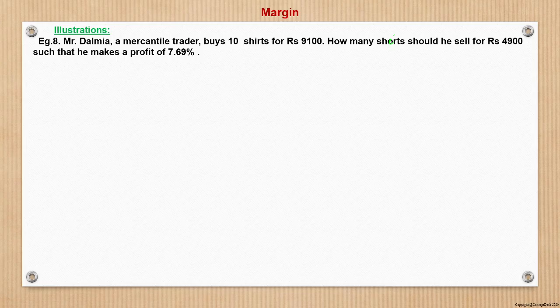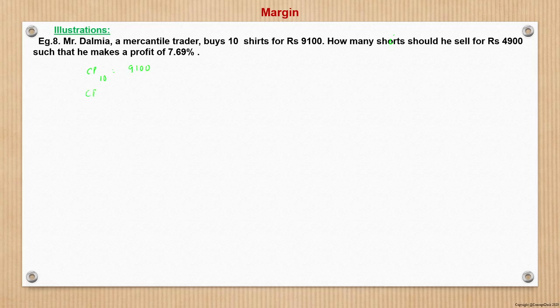However, whenever we get a problem of this nature, we should always break it first on a per unit basis. What is the cost of one unit? What is the selling price of one unit? Right. So here, the CP of 10 shirts is 9100.